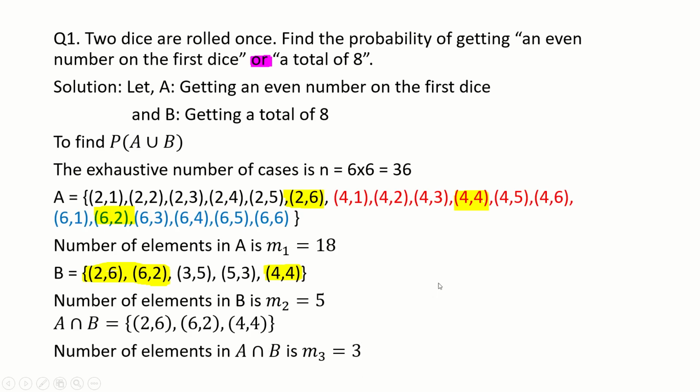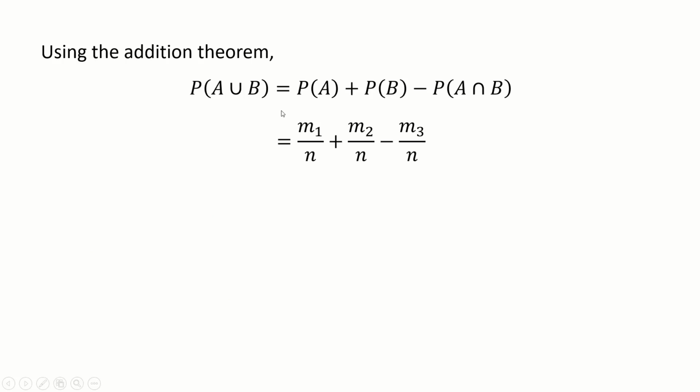Now let us use the addition theorem, which is given by probability of A union B equal to probability of A plus probability of B minus probability of A intersection B. So our target is to find A union B. Let us put the formula. Probability of A is M1 by N, because the number of elements in A was M1.